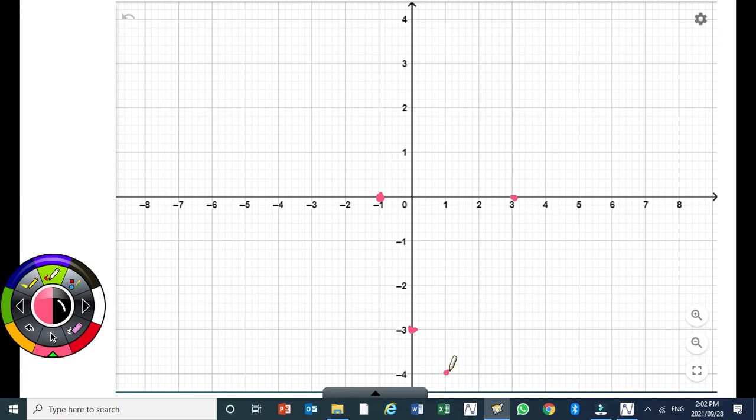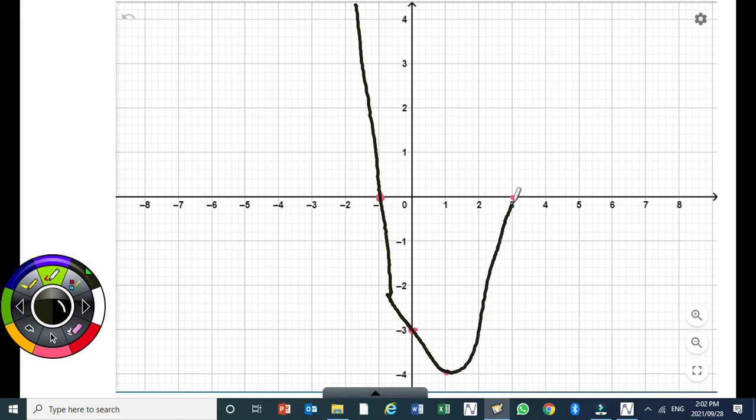Now remember, our shape has a minimum turning point. So when I sketch it, I'll start from the top, going down. Something like that. Okay.